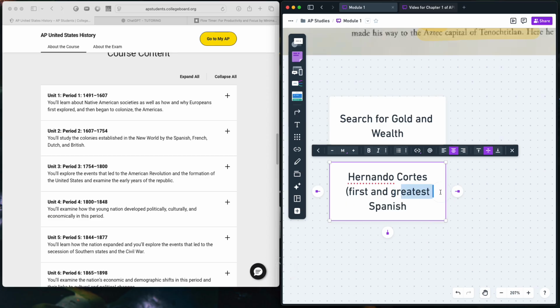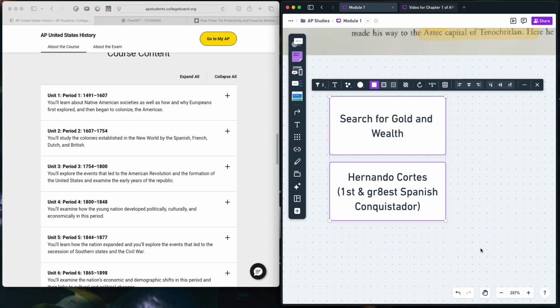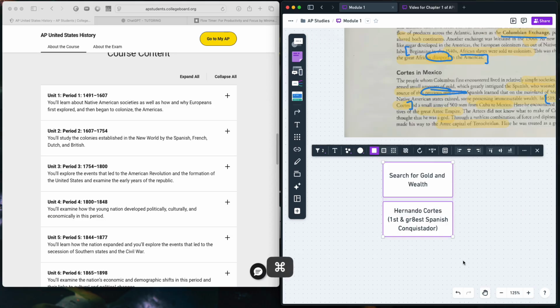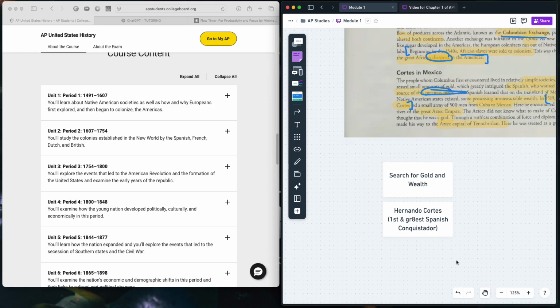So I'll just say Cortez, first and greatest Spanish conquistador. Okay. The reason I changed it that way is because I really want to be able to quickly read and move forward from it, right? So I don't want to be sitting there with a long phrase.